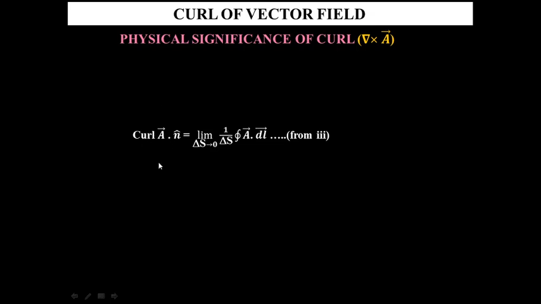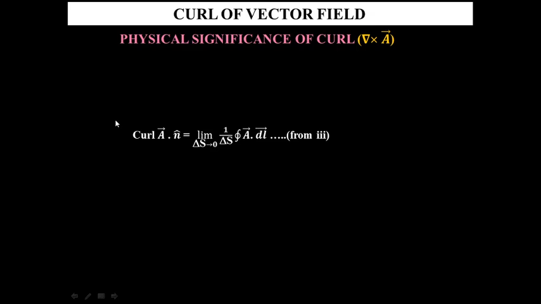So this is nothing but the physical significance of the curl of vector A. The curl of vector A in the direction of the unit vector is, when the area tends to 0, nothing but the line integral over the vector field per unit area. This is the main equation of the physical significance of curl.